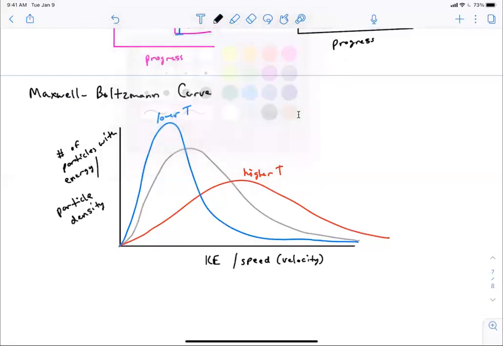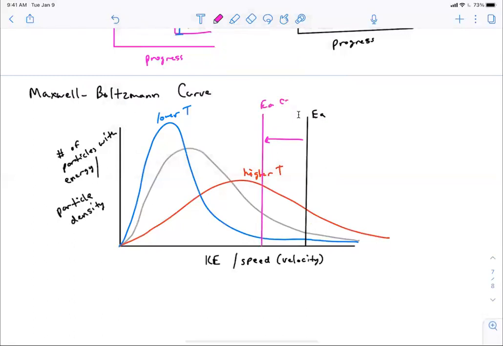The last thing here, activation energy. And when a catalyst affects it, that's when you see that target decrease.